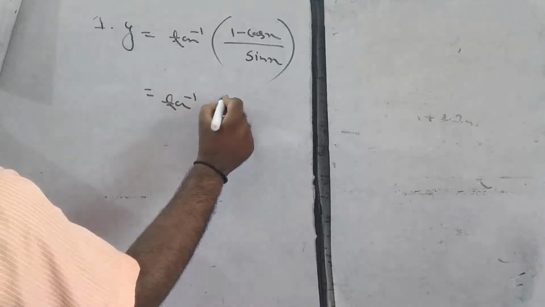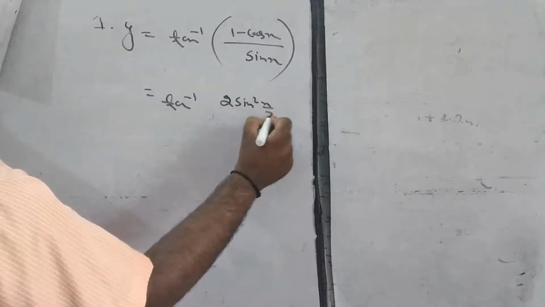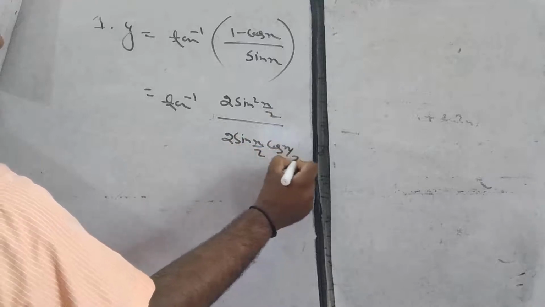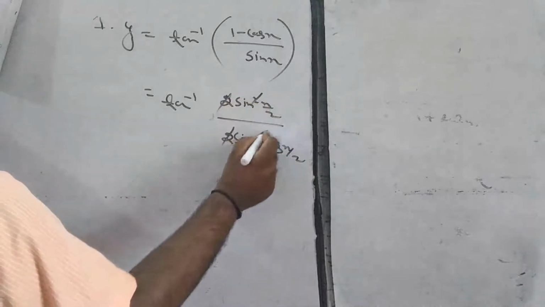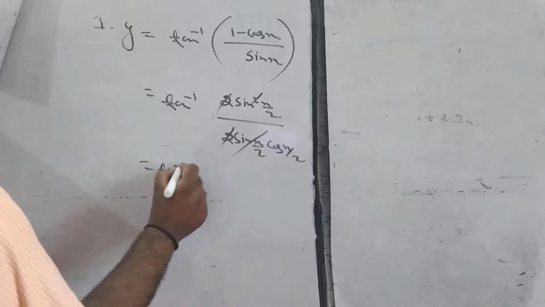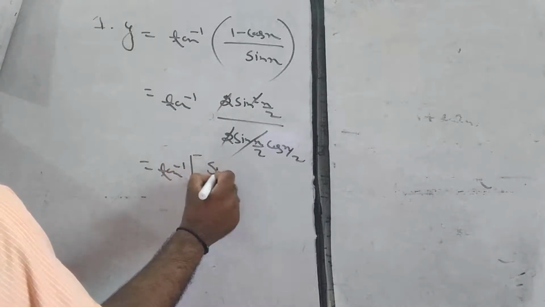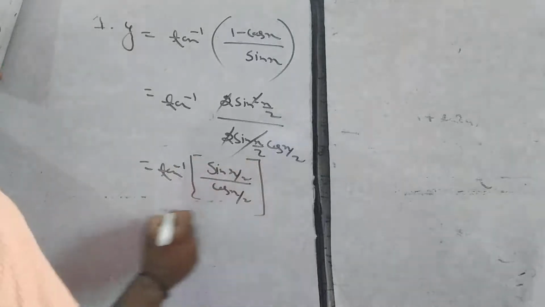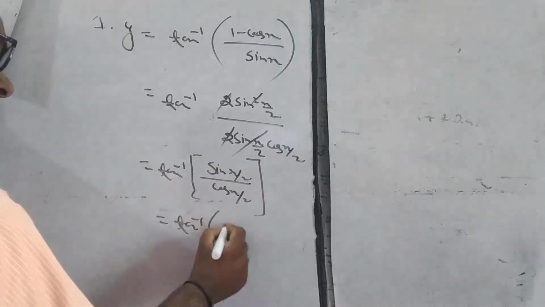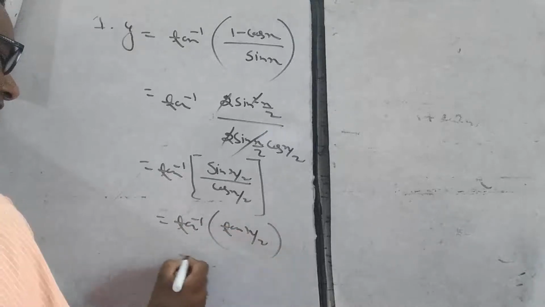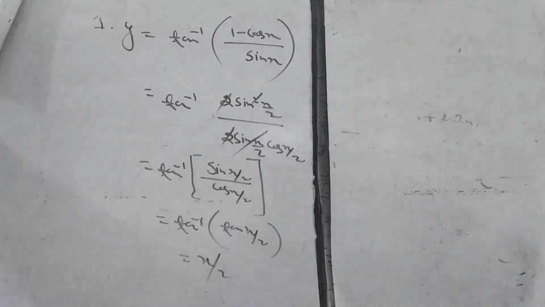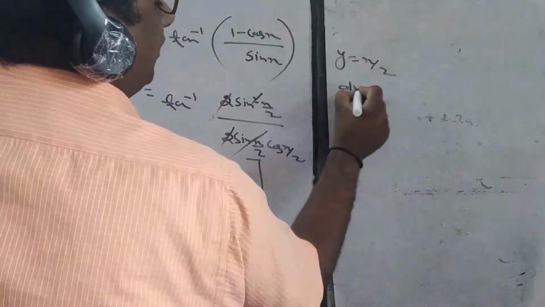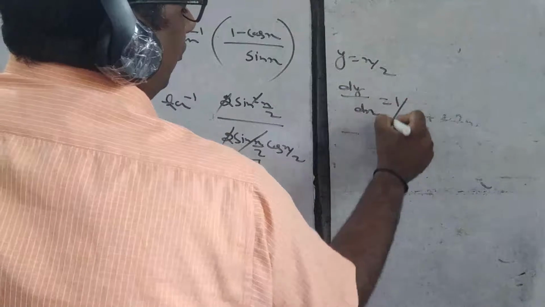The formula of 1 minus cos x is 2 sin square x by 2, and sin x is 2 sin x by 2 cos x by 2. 2 cancels out, sin cancels out. So this is tan inverse of sin x by 2 upon cos x by 2. This is tan inverse tan x by 2, which is equal to x by 2. Now the question is y is equal to x by 2. So dy by dx is equal to 1 by 2.